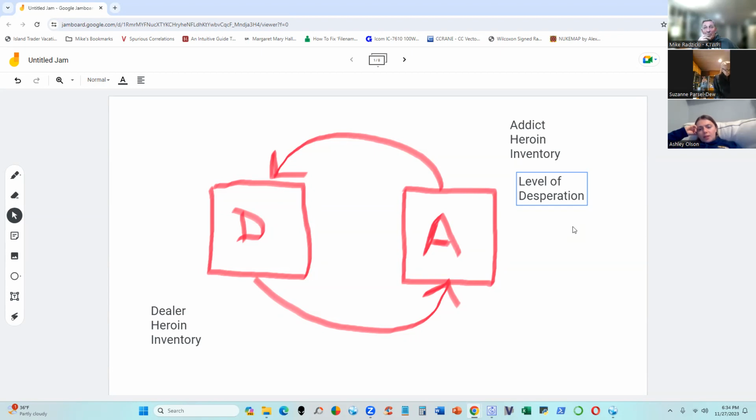Because law enforcement is seizing it. Heroin seizure rate. Okay. So when heroin supply is cut, we got that, crime rises. What else? Just based on the title of the article.